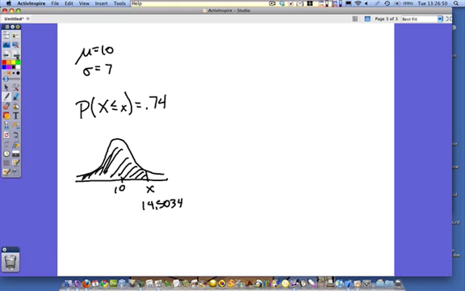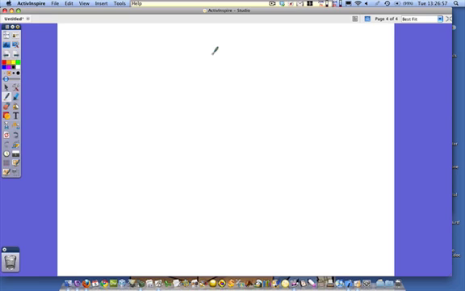Here's another one that's a little harder. Let's say mu is equal to 20, sigma is equal to 5. The probability that our random variable is greater than or equal to some value x and less than or equal to, say, 22, is equal to 55%.